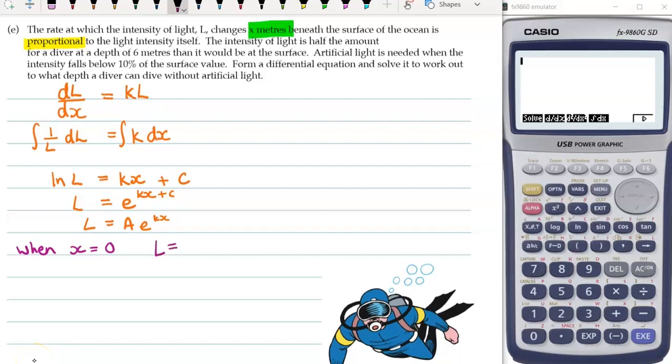So L is equal to 1. We tend to turn them into decimals rather than percentages, so 1 being equal to 100%. So then we have 1 equals a e to the 0. e to the 0 is just 1, so a equals 1.